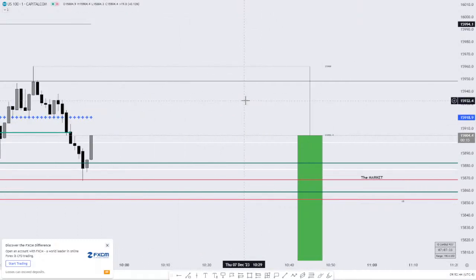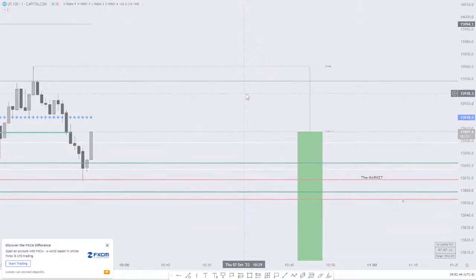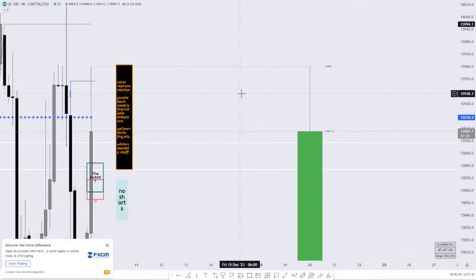No shorts. Wait. We are back. The good case for the bulls. Now we can expect a good bullish scenario. We want just the last 7 minutes of this 4 hours candle to close above this.